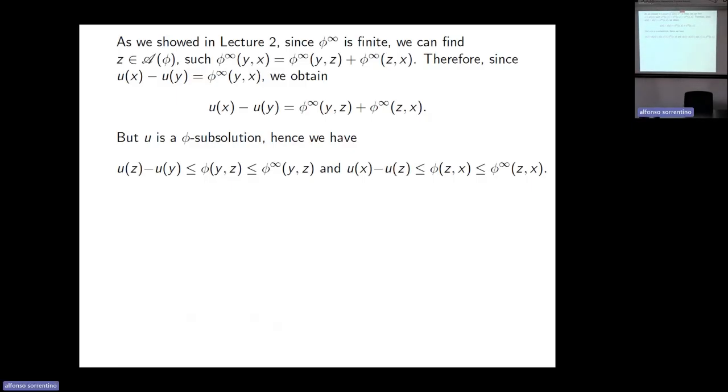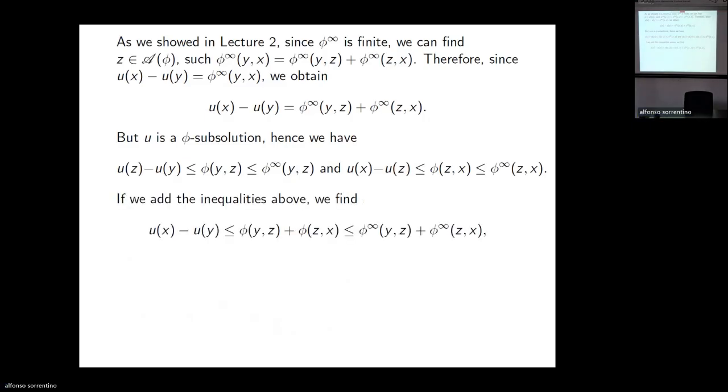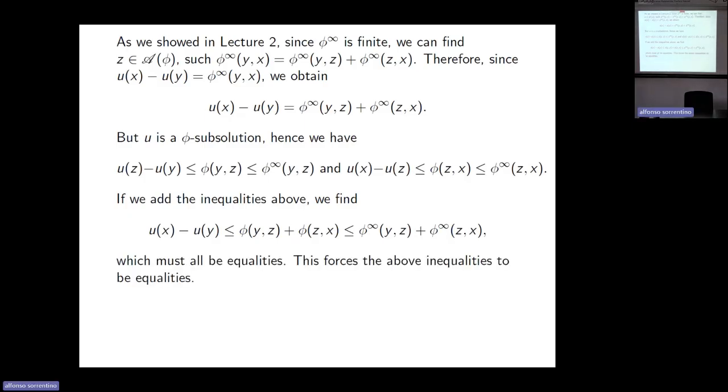So if I add these two, I get ux minus uy is less than phi yz plus phi zx, which is less than phi infinity of yz plus phi infinity of zx. Okay? But this is an equality because ux minus uy is the sum of phi infinity yz plus phi infinity of zx. So you are adding two inequalities and get an equality. Each inequality must be an equality. So this forces the inequalities above to be equalities.